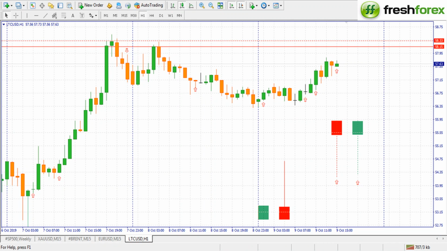We don't just enter a trade because there's a pin bar. If you see a bullish pin bar, ensure that the current candles are actually closing above the high of the previous candles. And if you see a bearish pin bar, ensure that the close of the current candles are actually below the low of the previous ones.